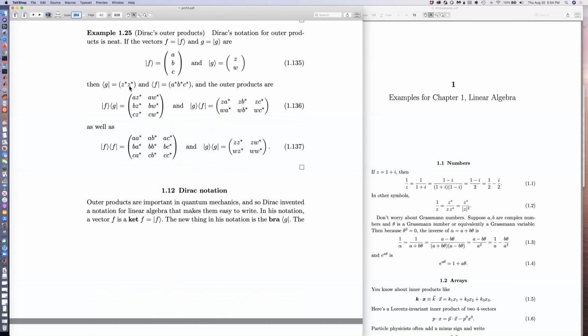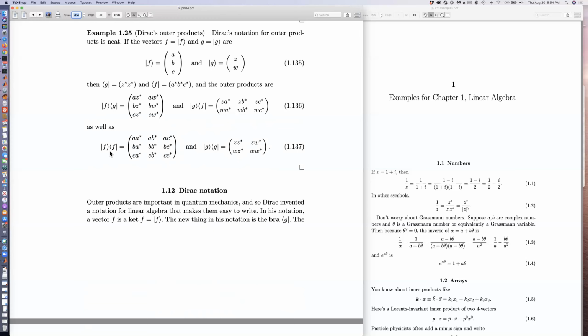Wow. This should be Z star W star. F, though, is right. And multiplying F times G, this is right, and this is right.